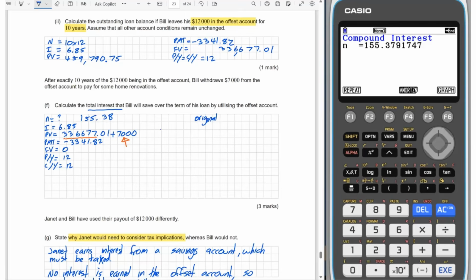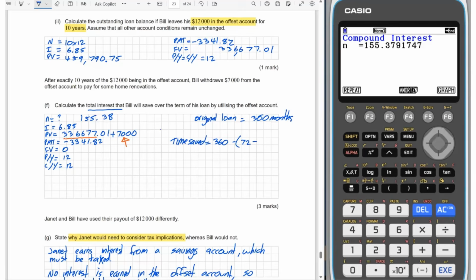So the original loan is equal to 360 months because that's 30 years. Now, the time saved here is going to be the original 360 months that Bill was expecting to pay off the loan. Now, we minus the first 6 years, which was 72 months.